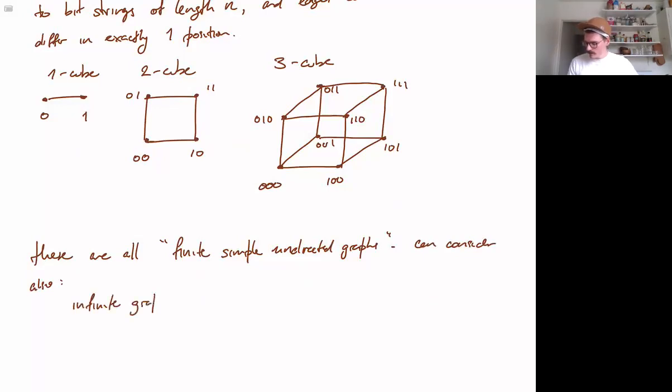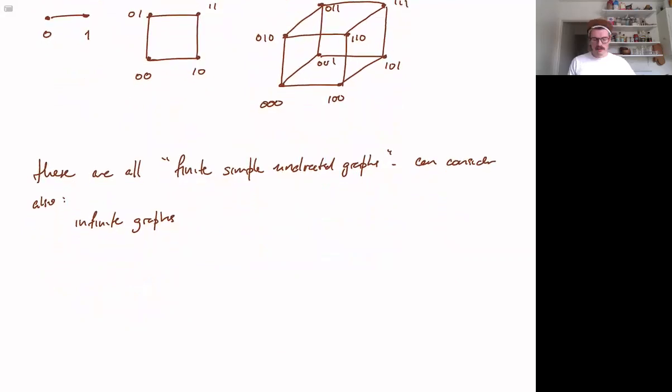Your graph can have infinitely many vertices, in which case it is an infinite graph. But we basically won't consider this case at all for this course, so I'm going to skip right over that immediately.